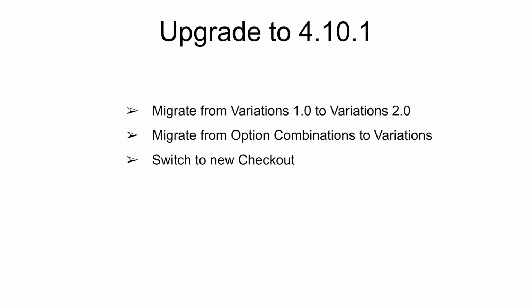The main idea is that until 4.9.3 there were old variations, and in 4.10 there are new variations, and you should use them. And there were a number of specific things that we cannot automatically upgrade all the variations, so you should do it manually.